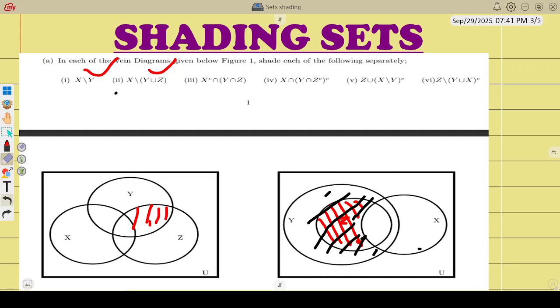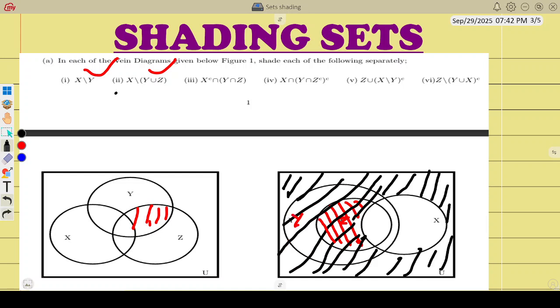So if you are writing maybe in a test, you can just use maybe a pen and a pencil. So this is the final answer. This is the intersection. So this is the intersection for x complement, intersection y, intersection z.